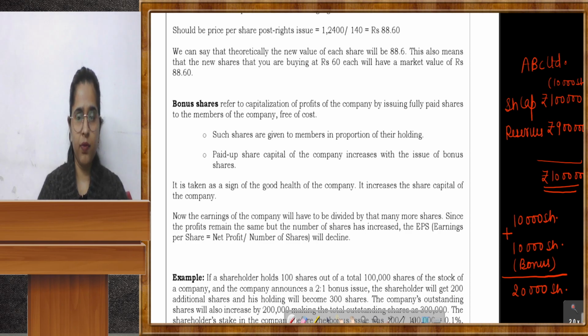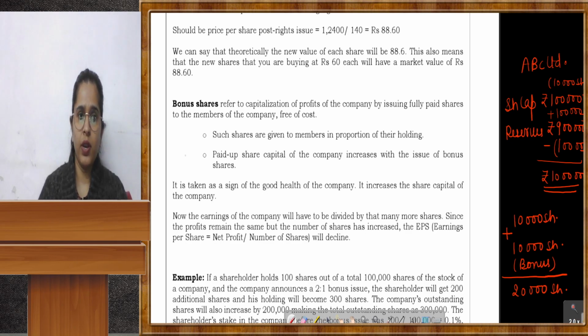But what the company will do is deduct the amount from reserves and transfer it to share capital. Your share capital will become 2 lakh and the amount of reserves will come down to 8 lakhs. Got it? So this way, the company has capitalized its profits. Whatever profits it had earned, a part of it has been transferred to share capital.